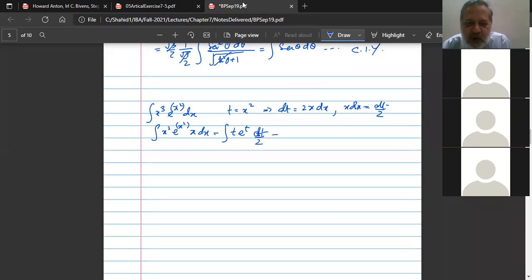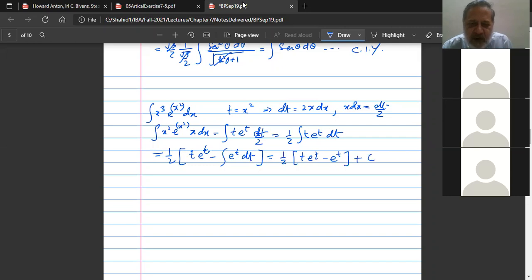So 1 upon 2, the rest of the integral is a simple by parts case, and I write that solution a bit quickly. t times integral of e power t is e power t, minus derivative of t is 1, times integral of e power t which is e power t, and the solution finally is t e power t minus e power t plus c.